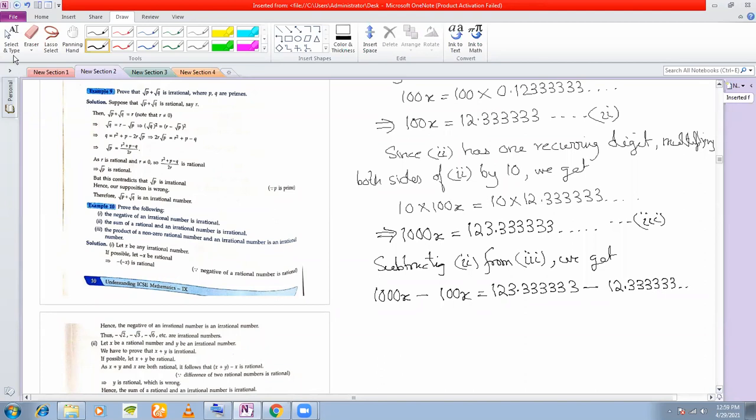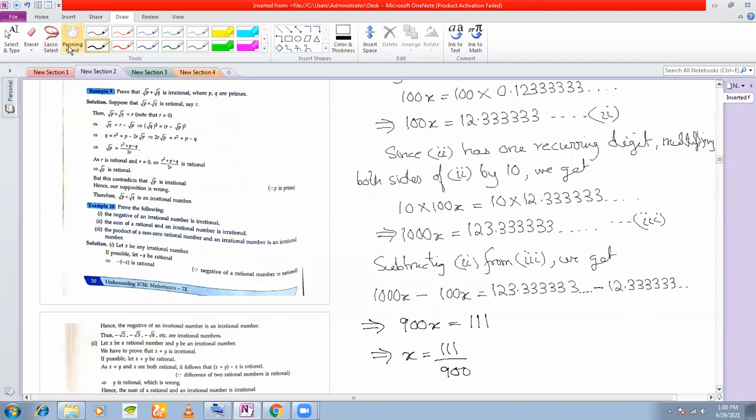Let me give a dot here, because this continues, this minus this. So 1000 minus 100 will give you 900x, and on the right hand side all the numbers after the decimal part will become 0 on subtraction. You'll be left with only 123 minus 12. So 123 minus 12 is 111, right? So that means your x is 111 divided by 900.